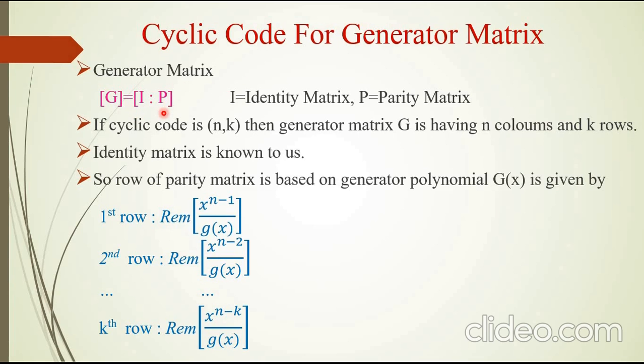So generator matrix G equals [I P], where I is the identity matrix and P is the parity matrix. So this is the generator matrix, as we all know.